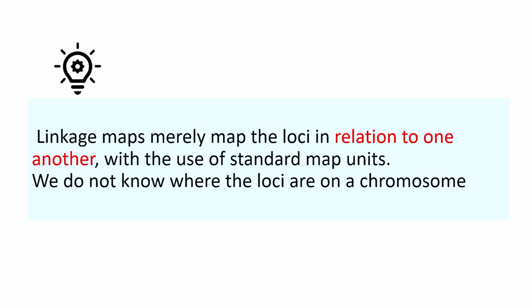This is a relative map, and this is what we are using to construct the chromosomal map, right. So, we do not know where the locus is present on the chromosome, we only know the relative position of them in relation to each other. So, this is one important point.